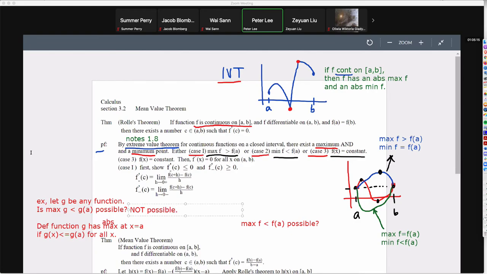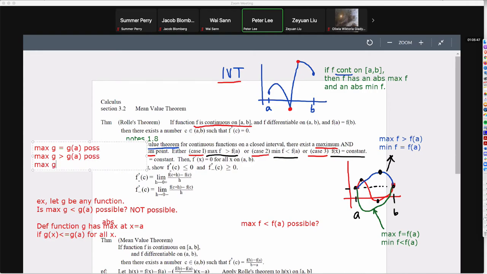What is possible is that max g is equal to g of a. That's possible. And max g greater than g of a is possible too.